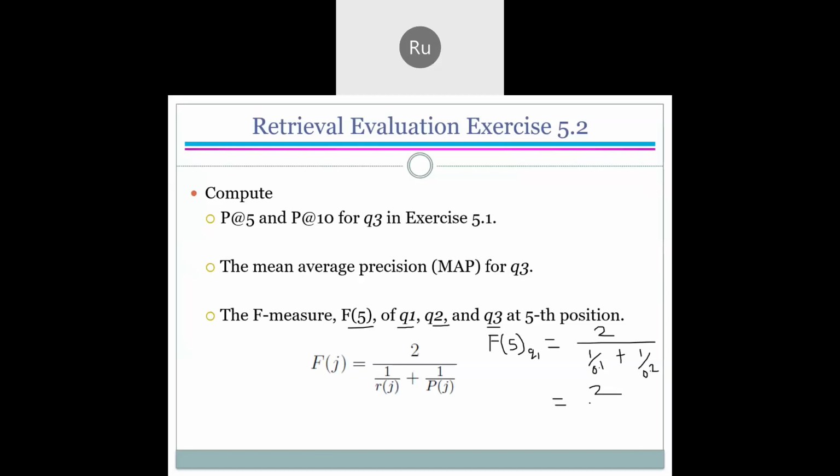So this is equivalent to 2 divided by 10 plus 5. So this is 2 over 15. Yes. So the value will be 0.13.